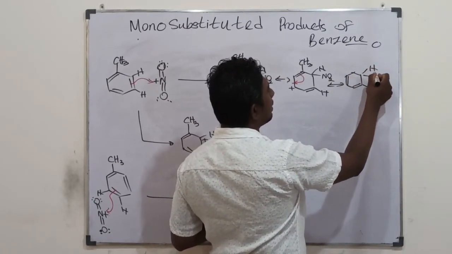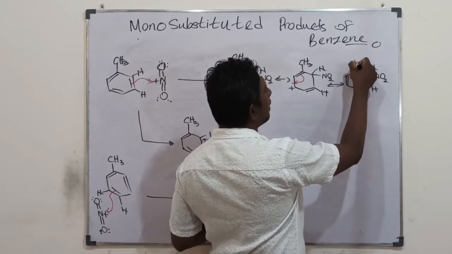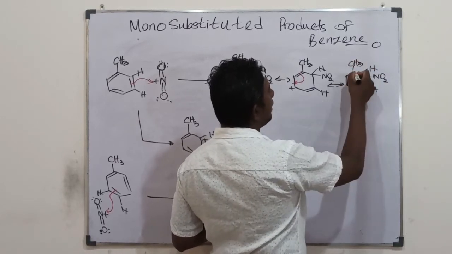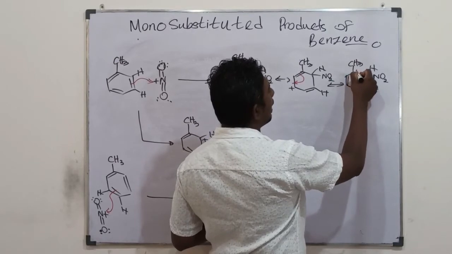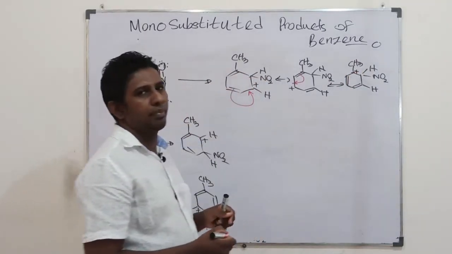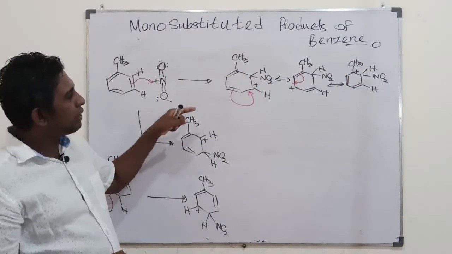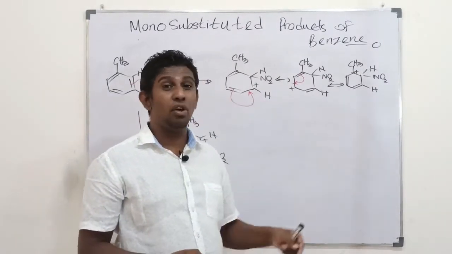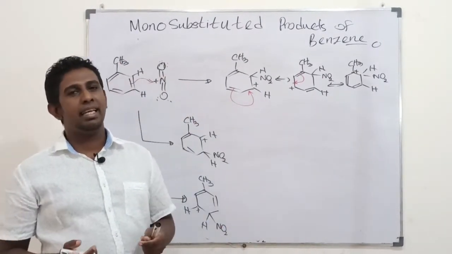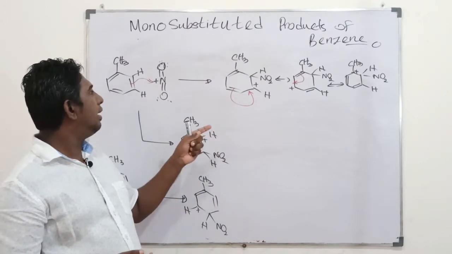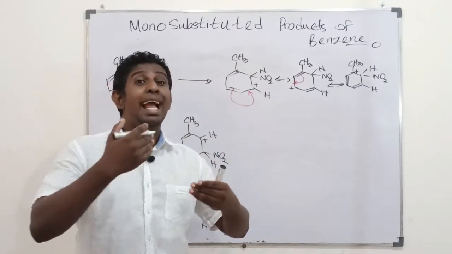These are the H and NO2, and this is the methyl group. So it makes this carbon on the benzene positive. That's the sigma complex formed during the resonation of the intermediate cation, which we call ortho attack.